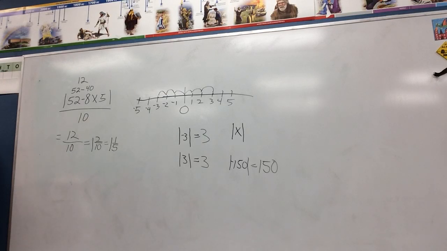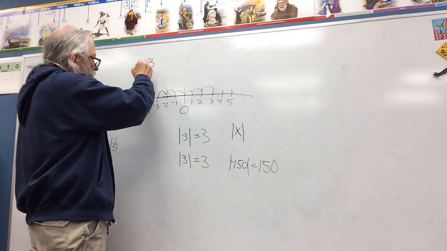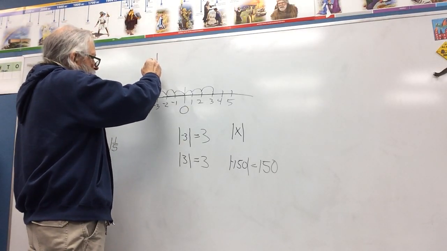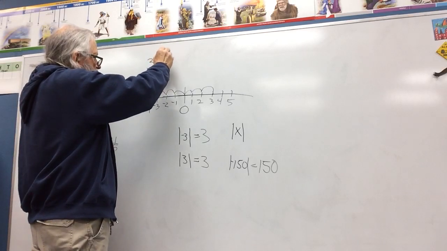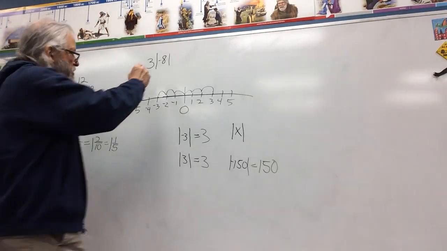So here's another, look at that example 3. Let's do that one together. So notice it has 3, and then it has an absolute value sign and a -8, plus 4.